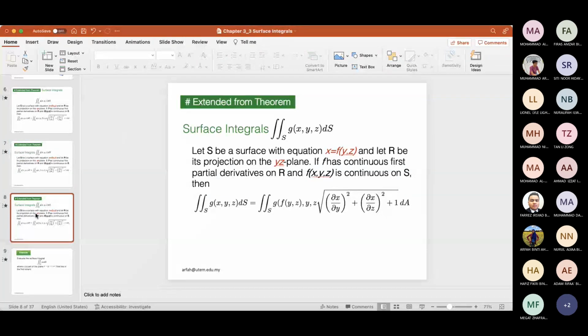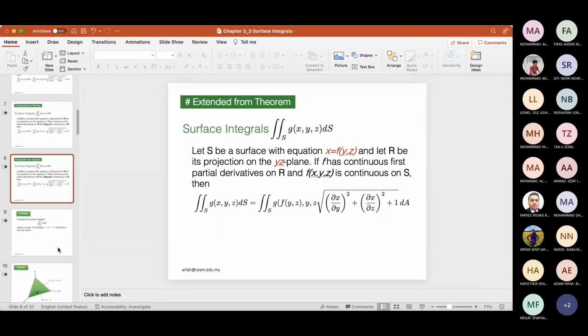Then we have another one, the surface integral if the projection is on the yz plane. The function will be x equal to a function of y and z, and the associated derivative will be dy dz.